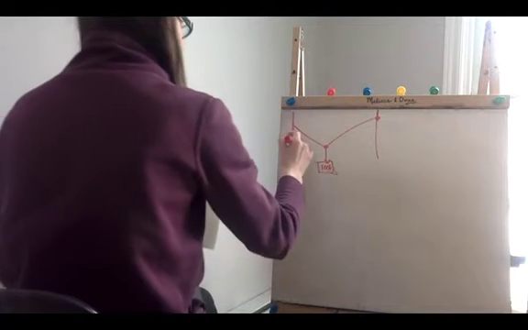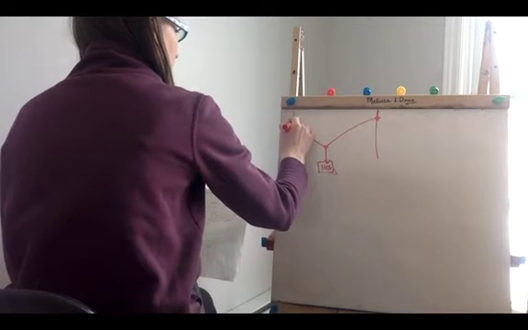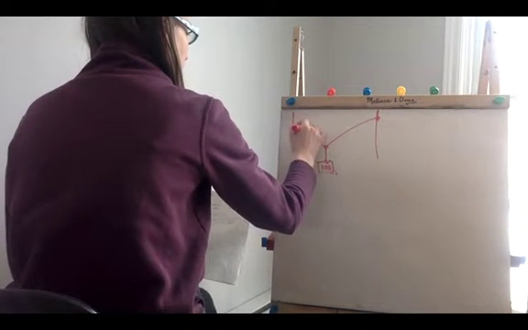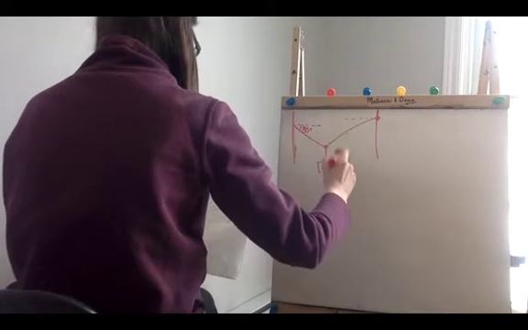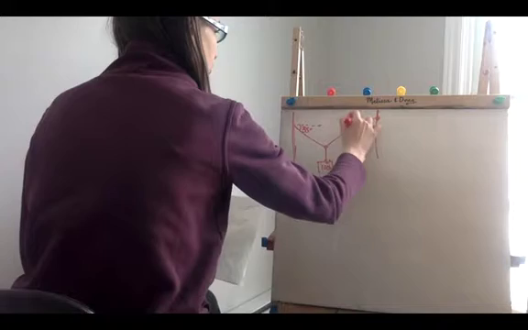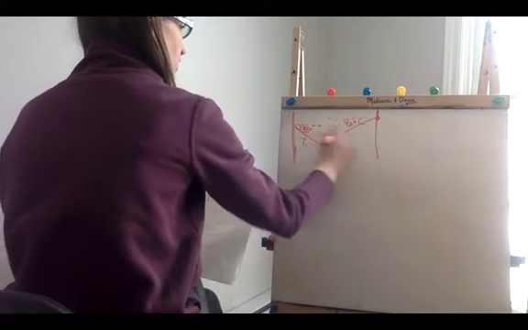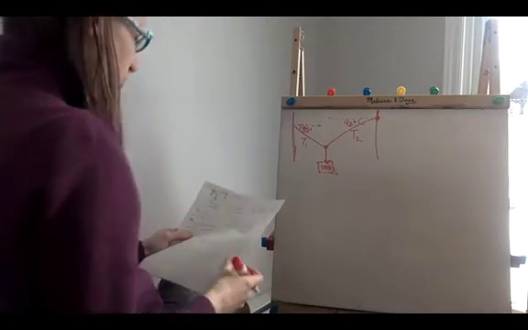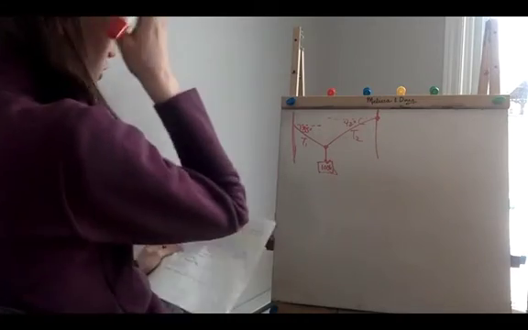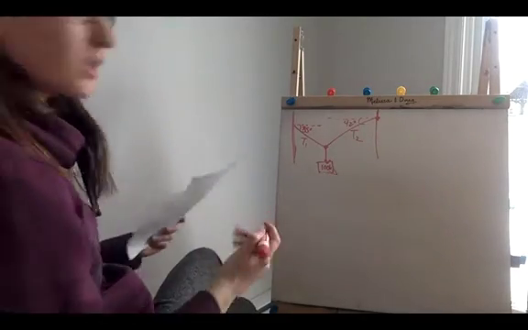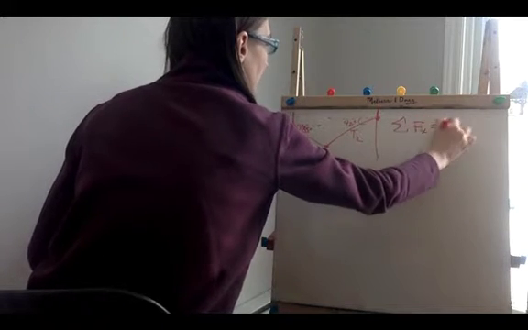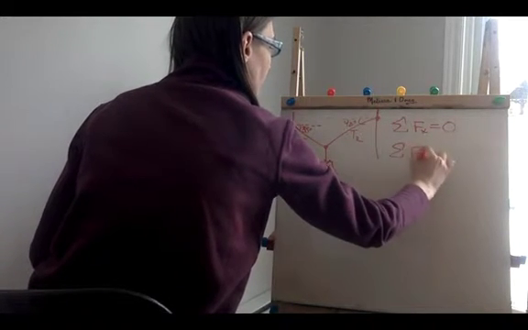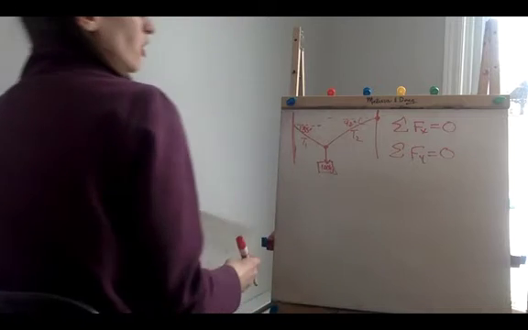And it tells us in the question that one makes a 35-degree angle with the horizontal, and the other one makes a 42-degree angle with the horizontal. So this is our tension 1, and this is our tension 2, right? So again, if we're at equilibrium, that means that the sum of all the forces in the x is 0, and the sum of all the forces acting in the y are equal to 0.